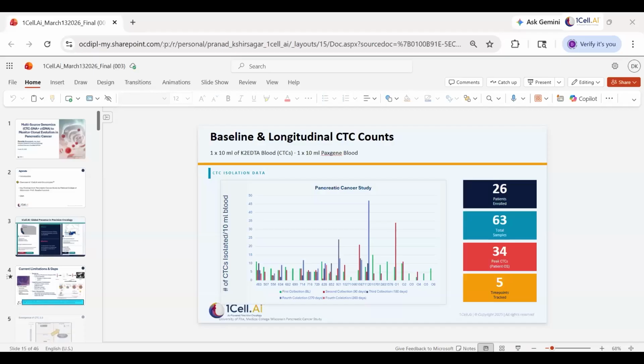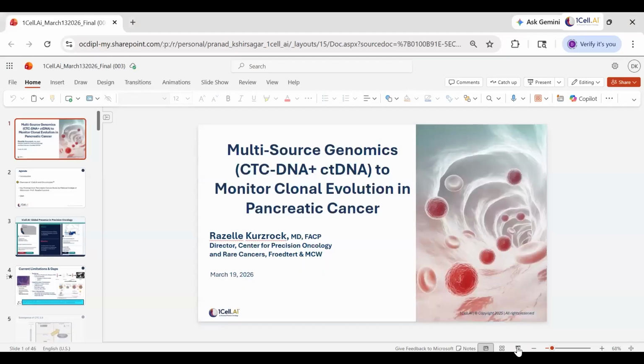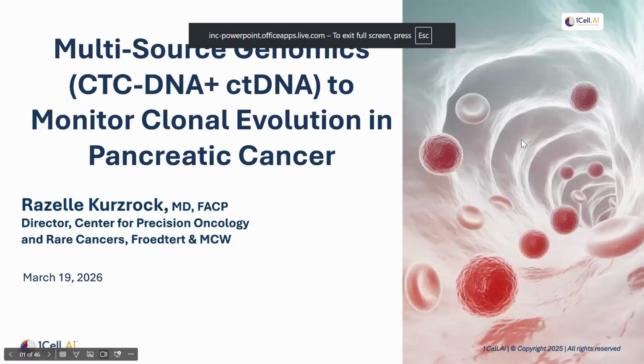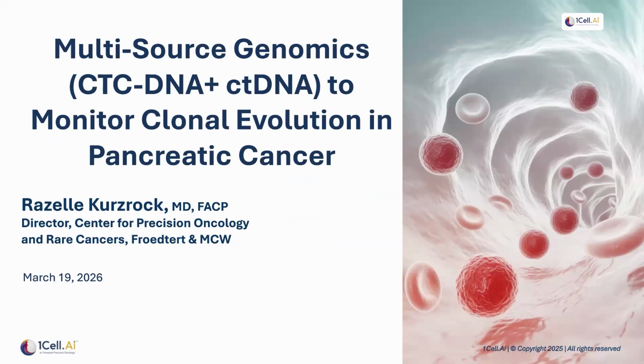The topic of today's conversation is advanced liquid biopsies. In particular, we'll be discussing not just looking at circulating tumor DNA, but also the emerging field of single cell-based liquid biopsies, which formerly a lot of people referred to as circulating tumor cells, and still referred to as circulating tumor cells.